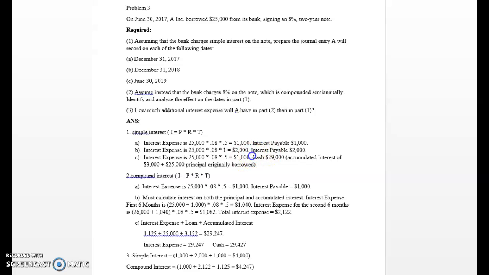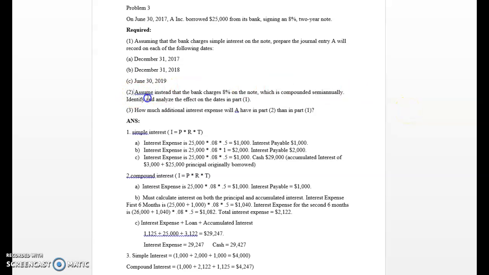However, in the journal, the 2-year note is officially done, so we are paying off the entire loan. So cash is going to go down $29,000, and that is from the original bank loan of $25,000 plus our accumulated interest for these 2 years, which would be $3,000, plus our interest expense, which is $1,000, and that gets us $29,000 going down in our journal because we are officially paying off this loan.